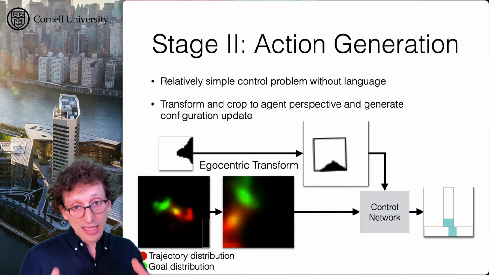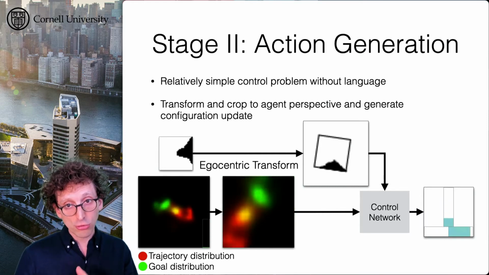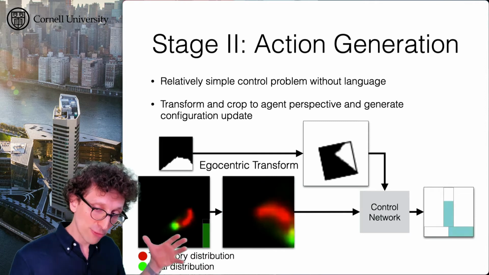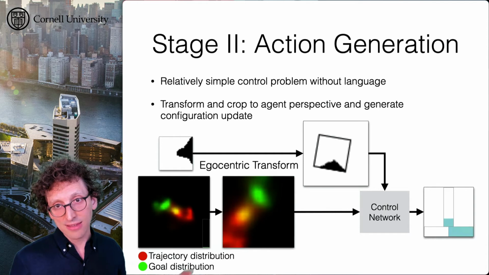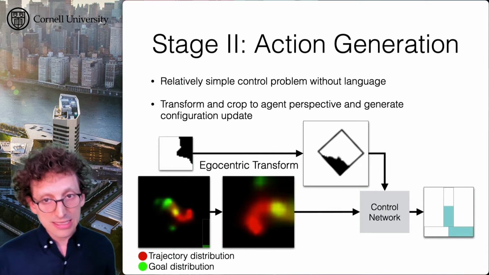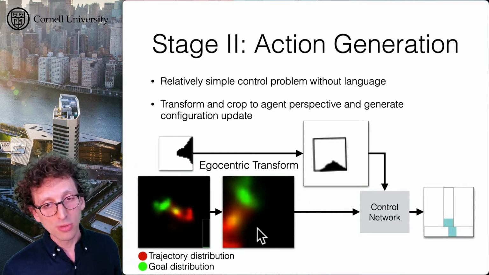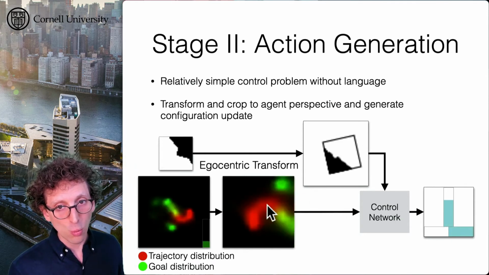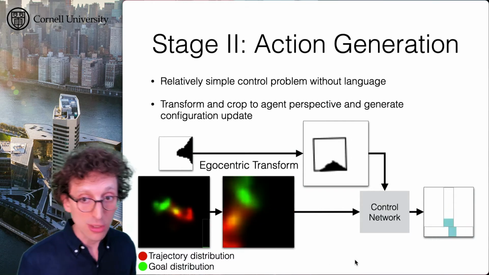In general, the advantage of these intermediate representations is that they create a control problem that is detached from the complex inputs, both the language and the raw observations, and leaves us with a relatively simple spatial reasoning problem. As you can see, the velocities that we need to take are relatively easy to compute once you get this very focused and local view of the visitation distributions.